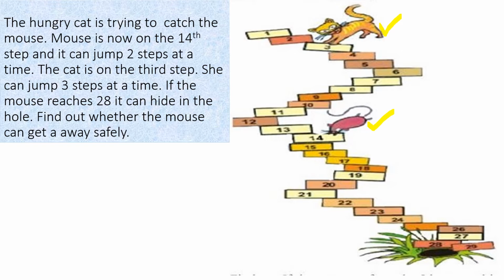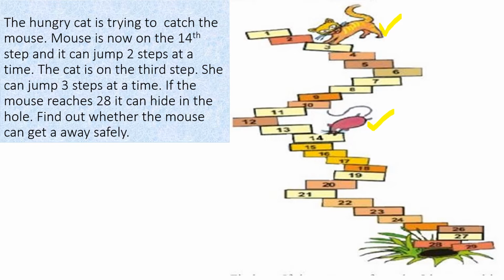If the mouse reaches 28, it can hide in the hole. Find out whether the mouse can get away safely, or else the cat can eat the mouse.